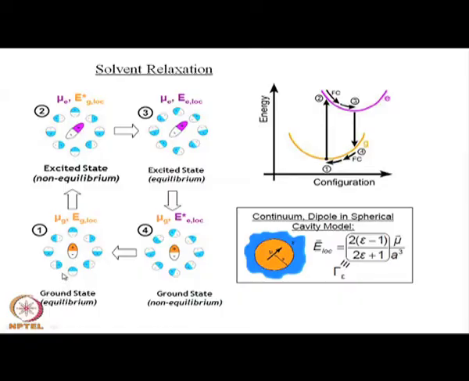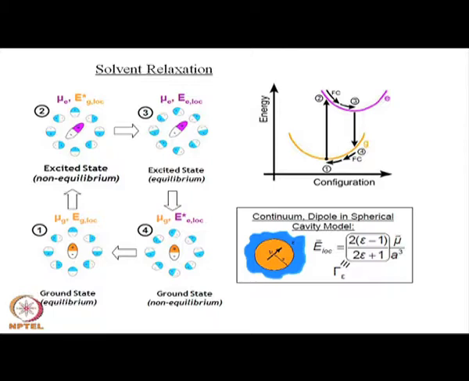Like what I talked about in the case of solvatochromism, you see that this is your ground state. Now you shine radiation over here. So this is mu g and this is your ground state energy. Then it gets excited to the higher level. So it is a non-equilibrium situation.